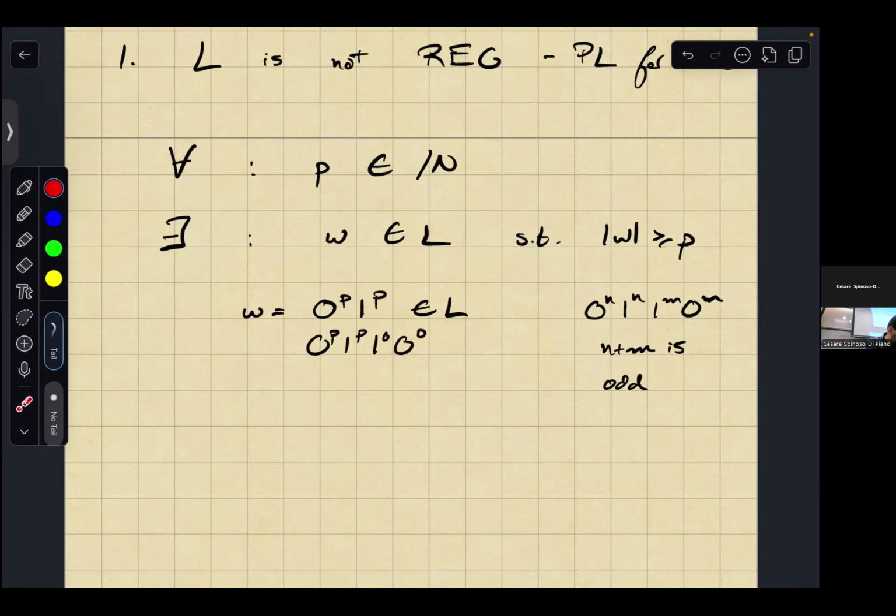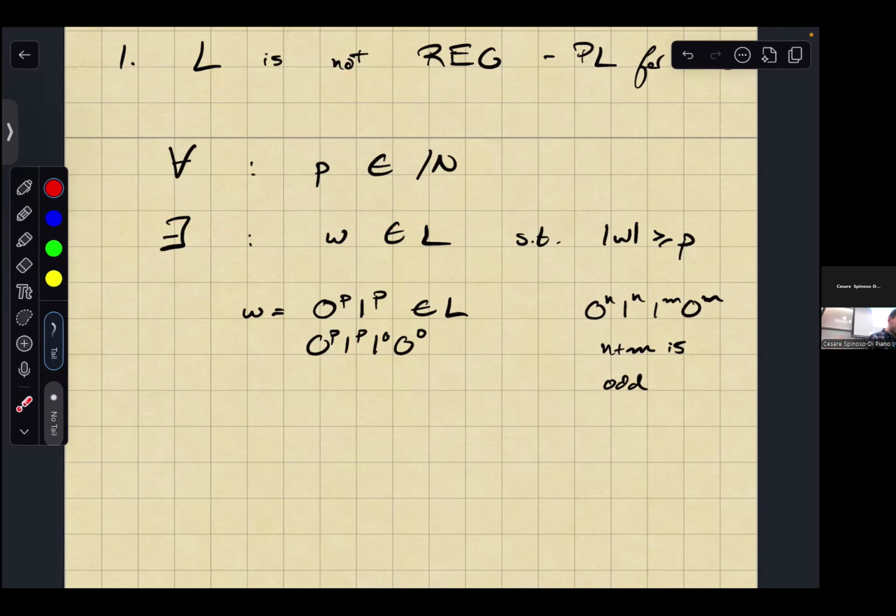So what if p is even? If p is even, then p plus 0 is still even, and so my string is not in L to begin with. That's not good, right? My string should work for any p, so that's why I'm playing against the for all player. My strategy should work for any p, and I can't know ahead of time what p is, right?